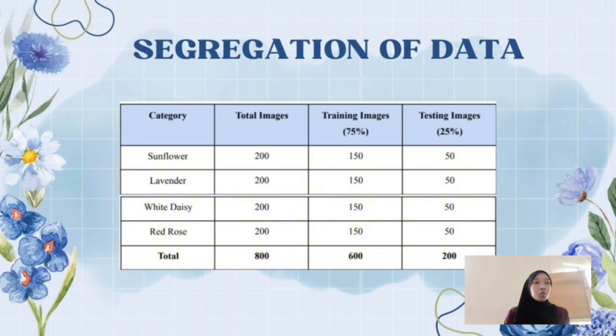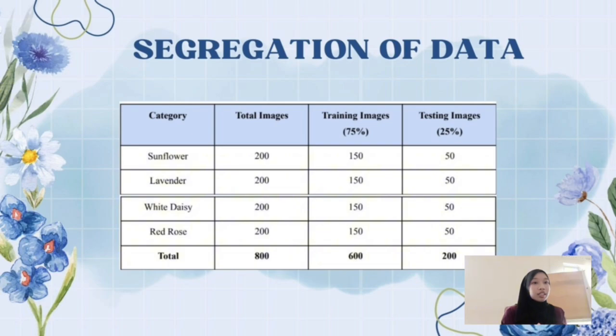The dataset was divided into 2 parts: 70% for training and 25% for testing. For each flower class, 150 images were used to train the CNN model, while another 50 images were used to test the model.